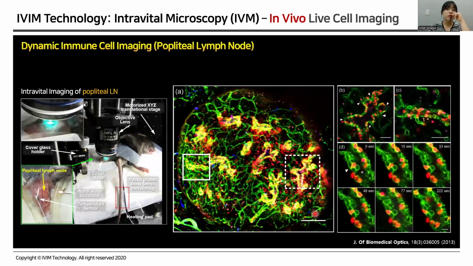Next, I will show you an example of intravital imaging in the popliteal lymph node. Here, you see a mosaic image of the entire popliteal lymph node, where red spots indicate CMTMR labeled T lymphocytes, and green represents CD31 labeled blood vessels. The plump-shaped endothelial cells forming the green color are called high endothelial venules, or HEVs.